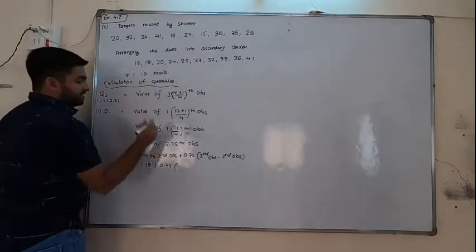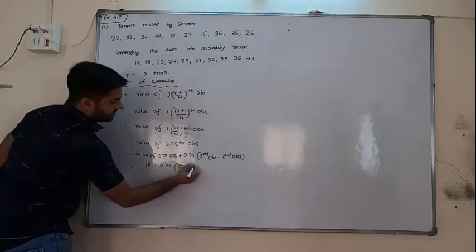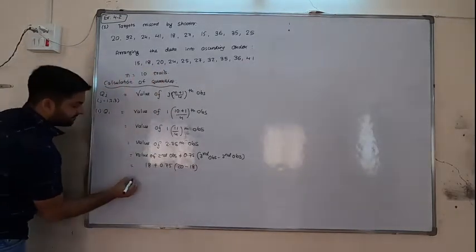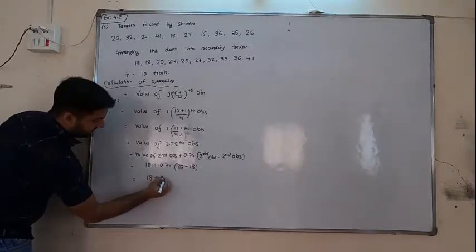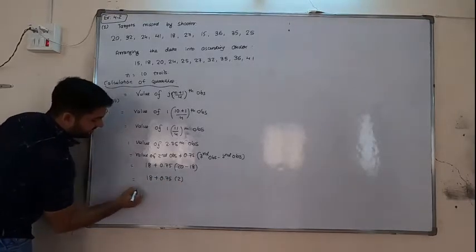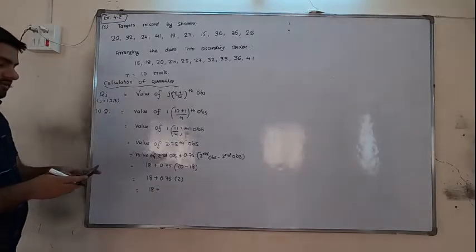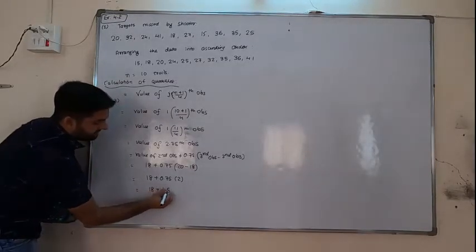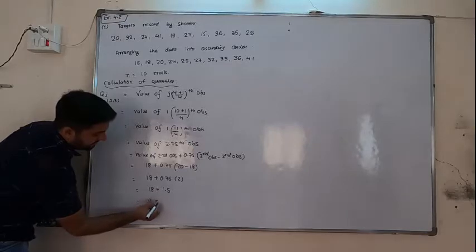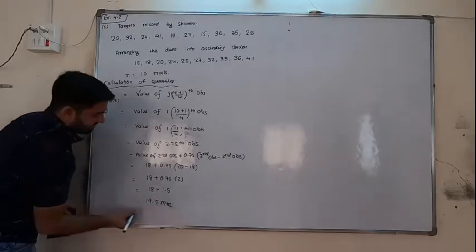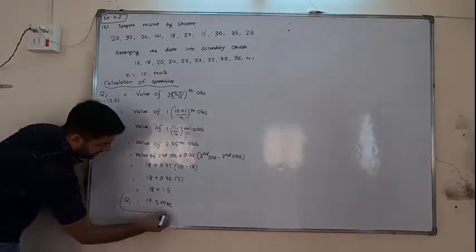Value of third observation is 20, value of second observation is 18. So 18 plus 0.75 into 2, that is 1.5. So the answer is 19.5 millimeters. It is Q1.